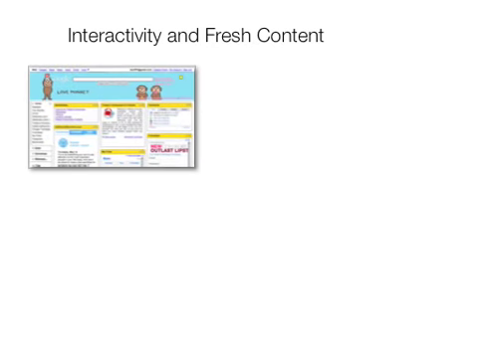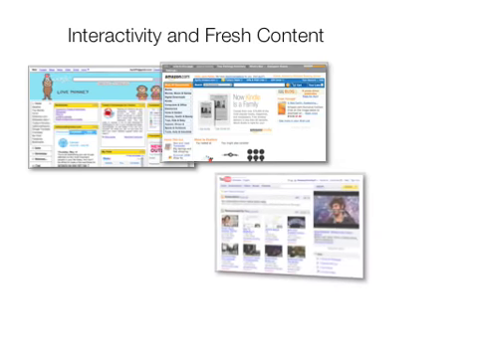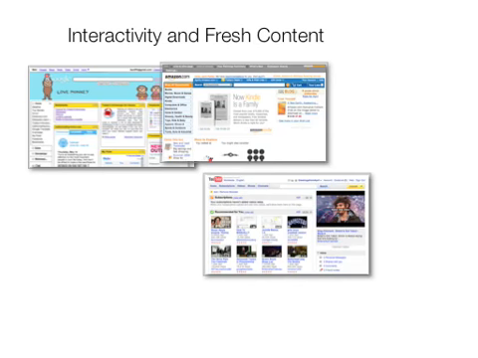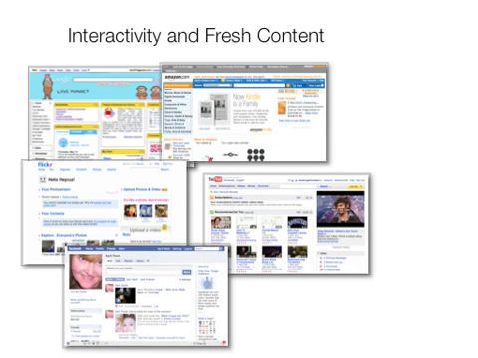Here are some examples of some of the most popular websites that provide interactivity. There's iGoogle, Amazon.com, YouTube, share your photographs with your family and friends with Flickr, participate in Facebook or Friendster.